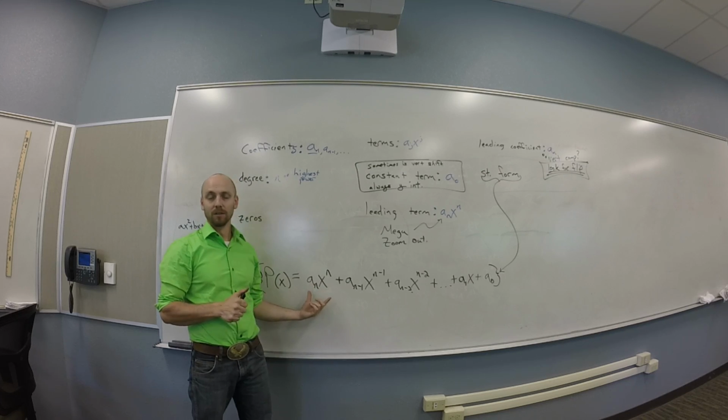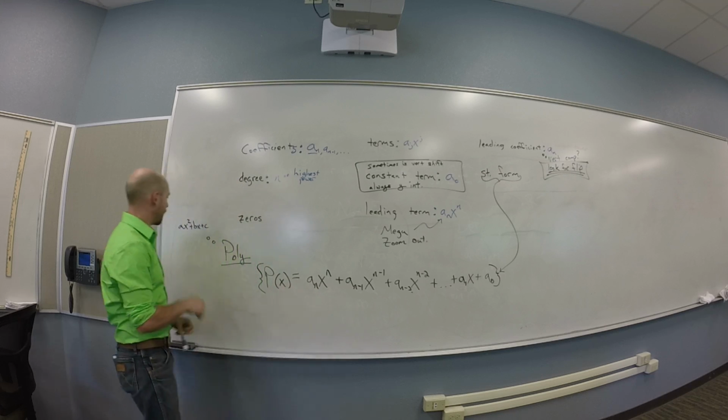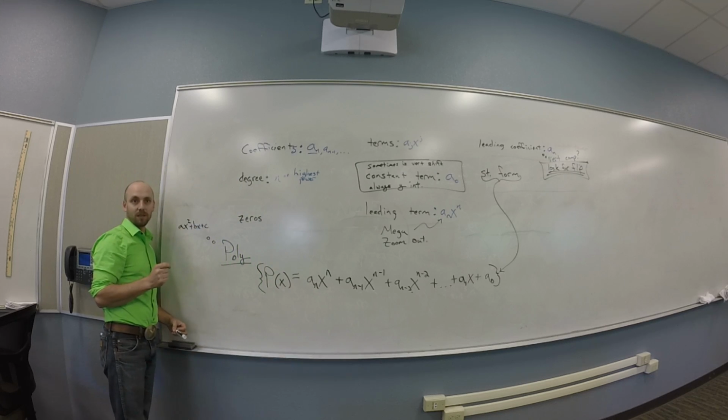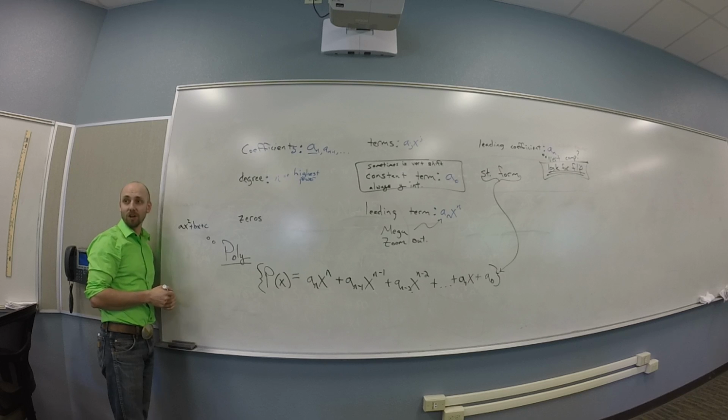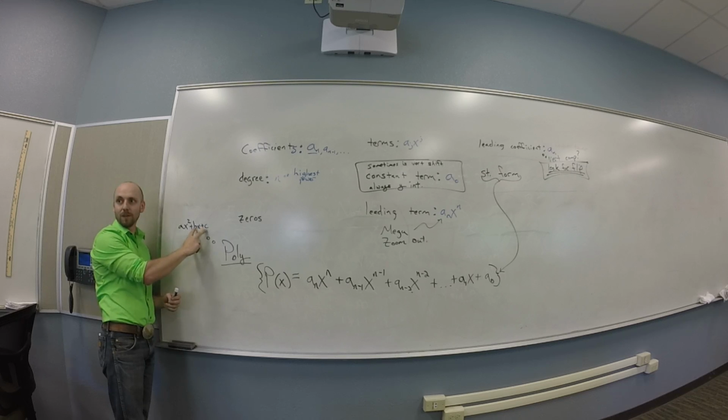If you have ax squared plus bx plus c, that's going to look like a parabola. And if I zoom far enough out, it's going to look like ax squared. Because this is going to be horizontal and vertical shifty business, but if I zoom far enough out, that stuff's going to kind of disappear. You guys with me on that?